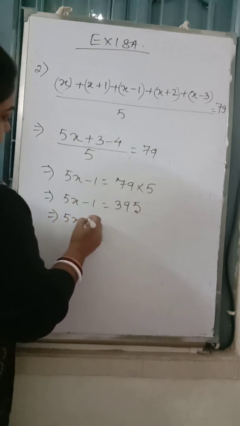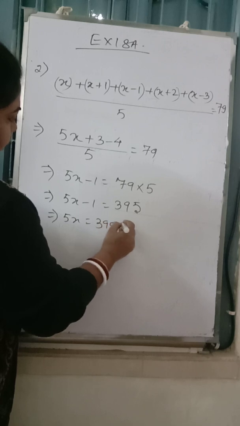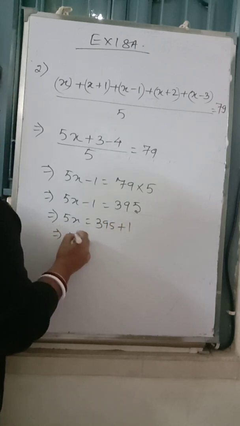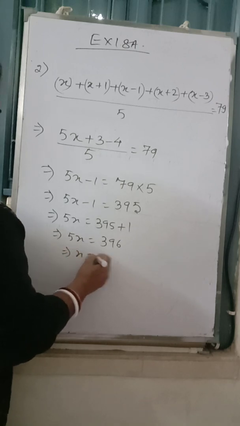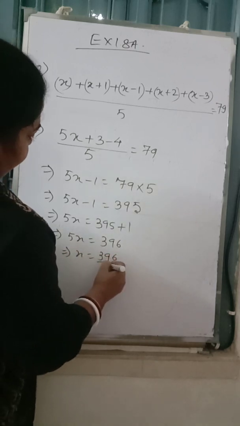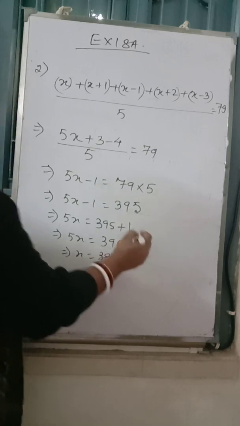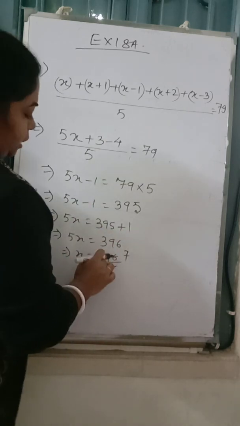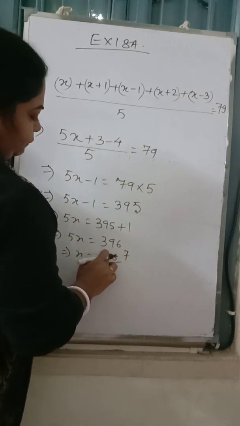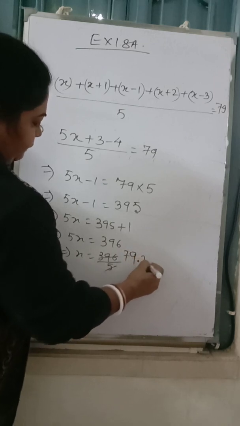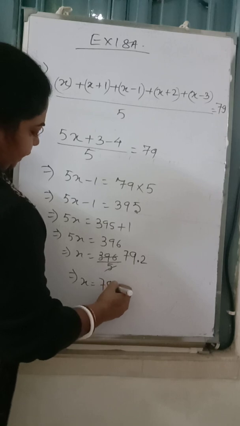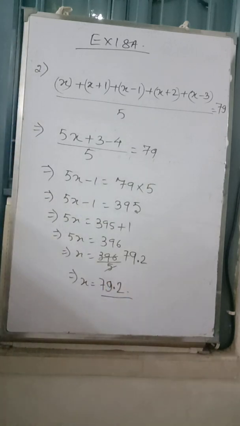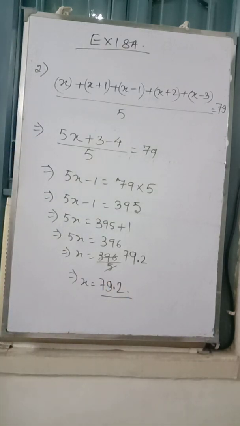Or 5x is equal to 395 plus 1, 5x is equal to 396, or x is equal to 396 divided by 5, which is 79.2. The value of x is 79.2. This is the value of x for question number 2.